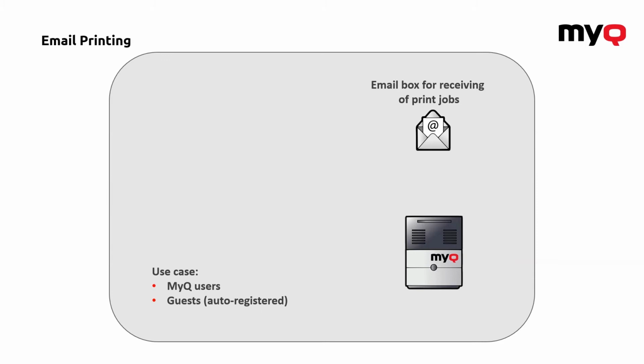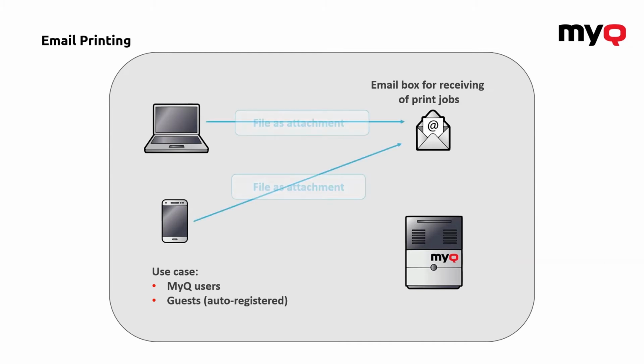So like I said, you need the special email box. Then, when there is a guest in your company who would like to print something, he has to use his laptop or mobile phone and send an email to that very special email box, where the file they would like to print, or multiple files, are attachments.